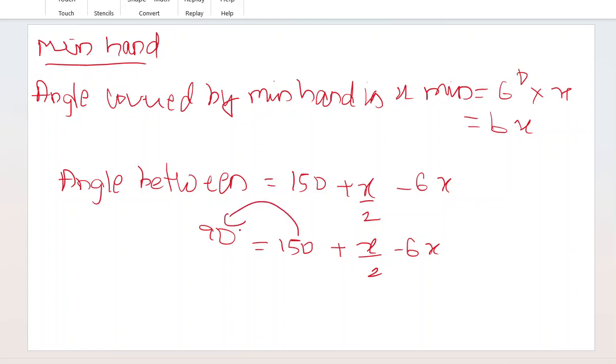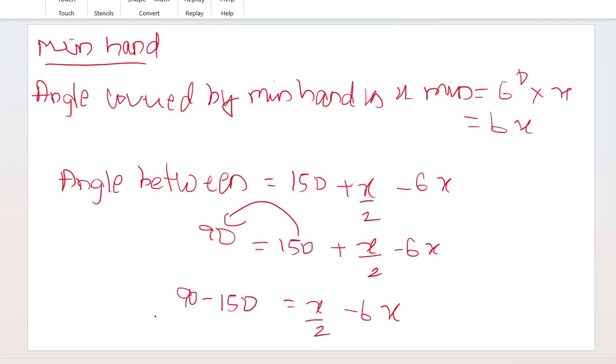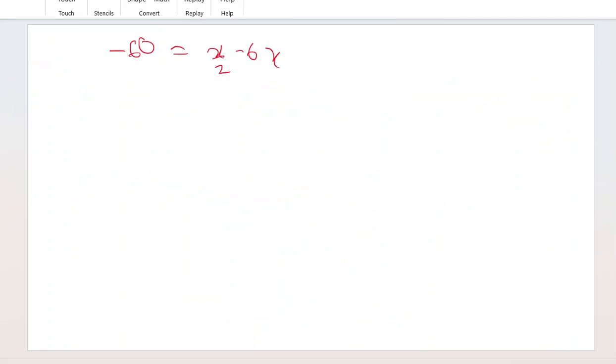I bring the 150 to this side. So I'll get 90 minus 150 degrees is equal to x by 2 minus 6x. Now over here I get minus 60 is equal to x by 2 minus 6x. The reason is 90 minus 150 is 60, but we retain the sign of the greater number, which is negative.